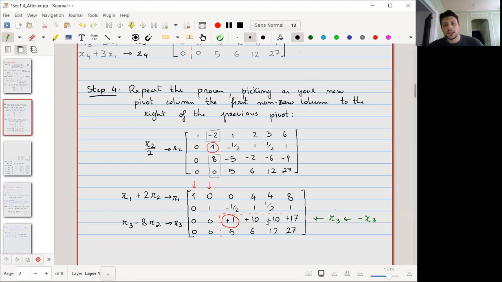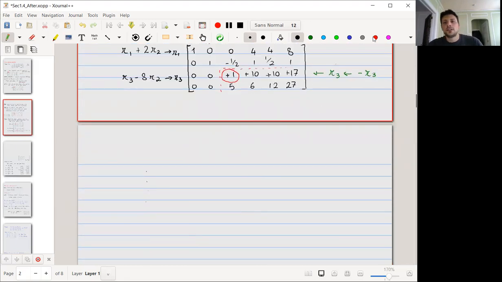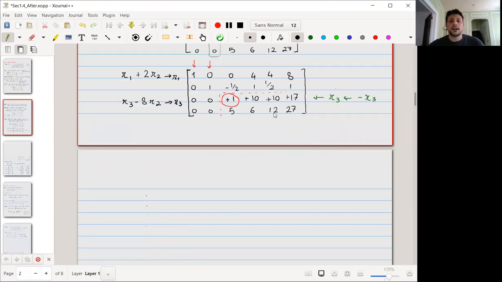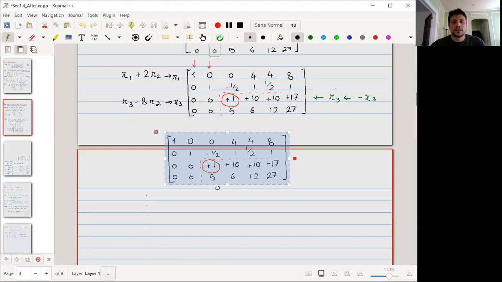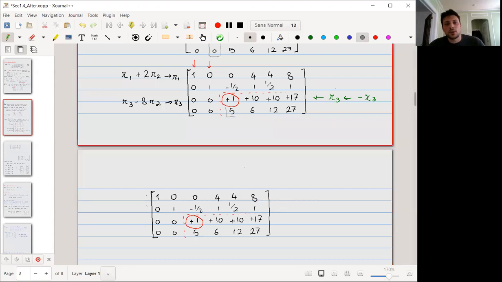I'll do that so that my leading entry is equal to 1 now. The effect of that is that I have now my pivot entry, which is correctly equal to 1, and I can keep on working with the goal of eliminating all of the other entries in that column.